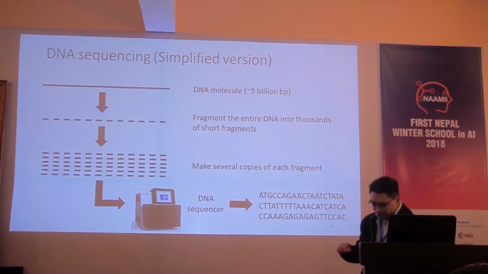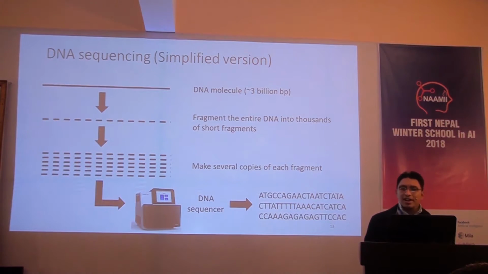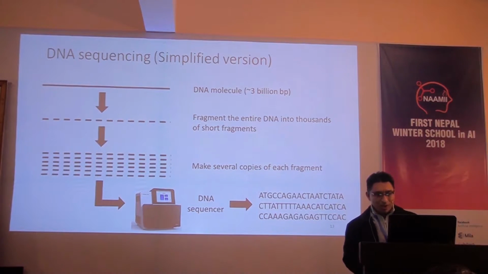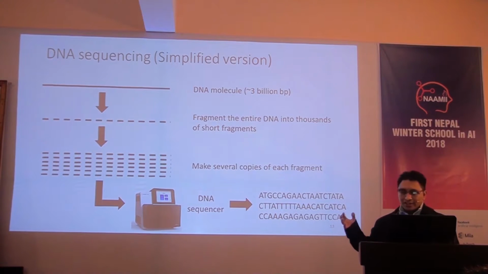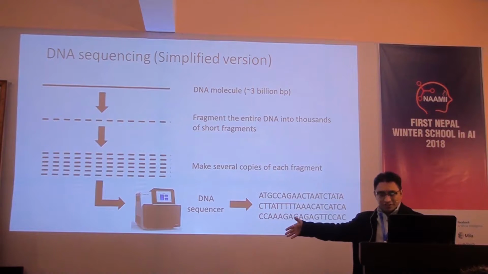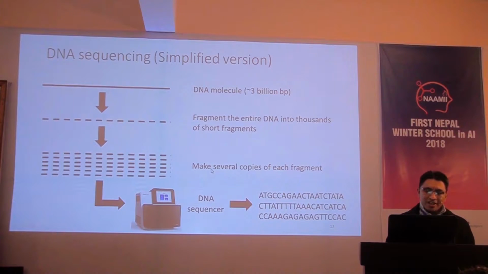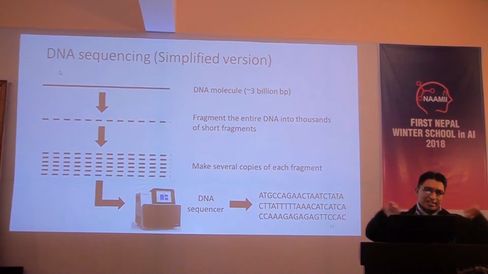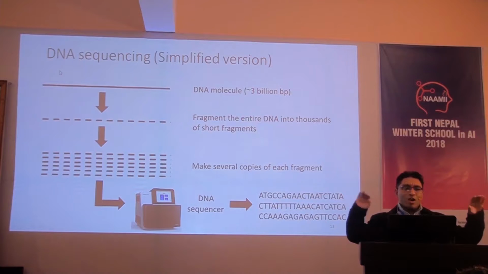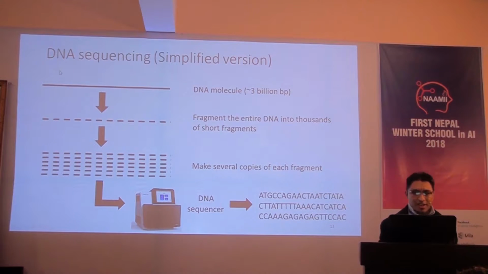So I'll briefly give an overview of how DNA sequencing is performed. DNA sequencing is done to identify the combinations of A, T, Cs, and Gs, right? For this, we first have a DNA molecule which has 3 billion base pairs, but the combination is unknown to us, right?